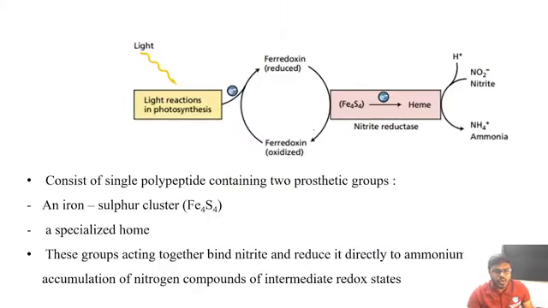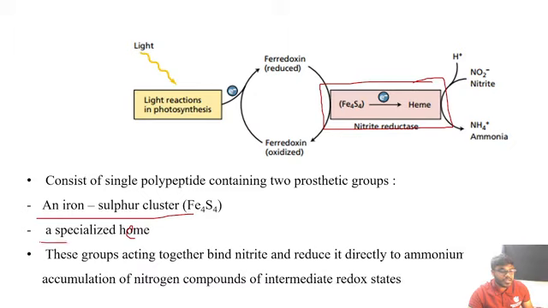Friends, when you look into the structure of nitrite reductase, it's a simplified structure. It just contains an iron sulfur cluster, followed by the specialized heme. That's all it contains. This is the simplified structure.